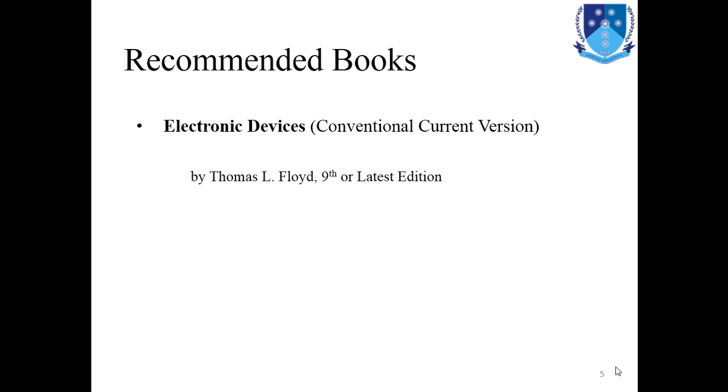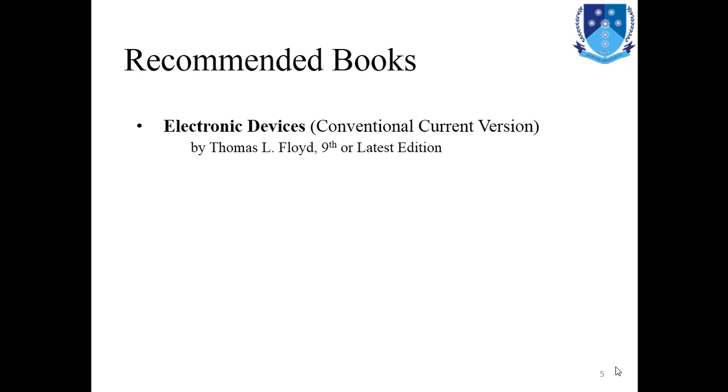A recommended book for this lecture as well as for this course is Electronic Devices, authored by Thomas L. Floyd. We are using the 9th edition of this book. If you have any later edition, it is also acceptable.